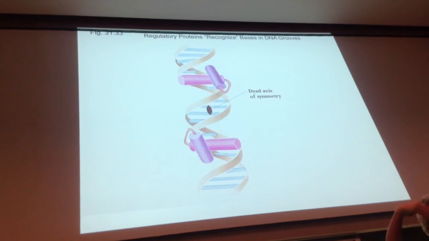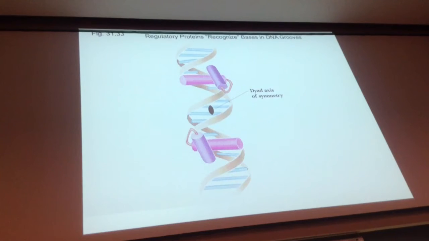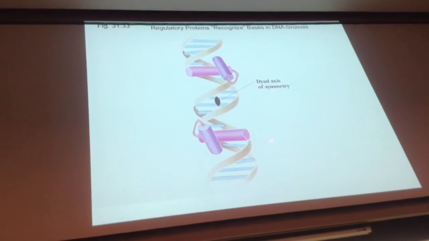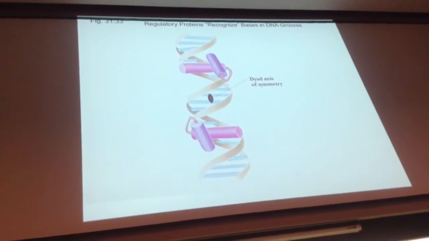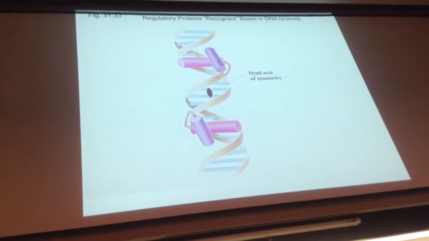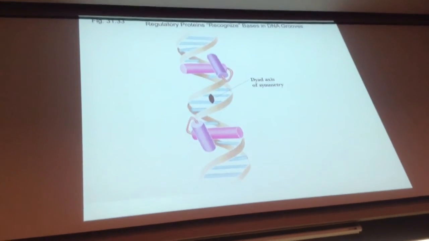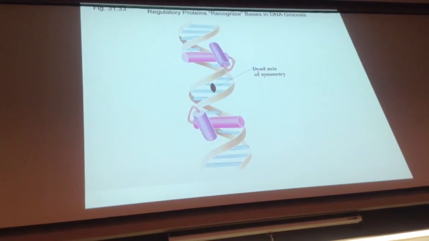But when you have this dyad axis symmetry between those, it's much more unusual or much rarer to find those two sequences together like that. When you have a binding site for 2 of these helices, it's even more rare. So by having these dimers, and most of the DNA binding proteins are dimers, it makes the specificity of binding at that particular location much larger. Make sense?